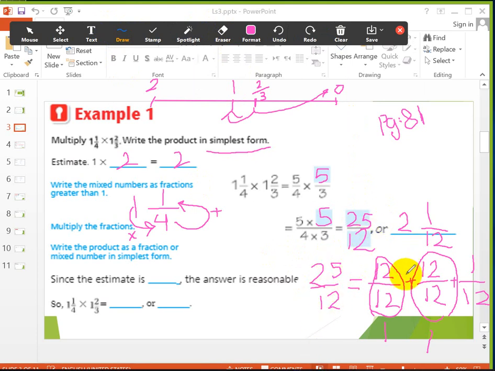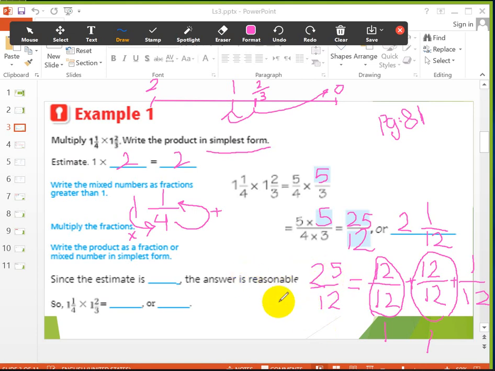So if I want to write it as a mixed number, I have to break down the numerator into equal parts. Numerator and denominator must be the same because 25 is greater than 12. That means I have many 12s in 25.